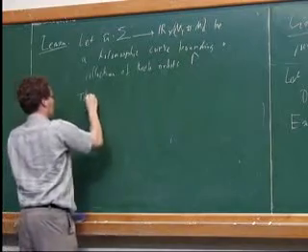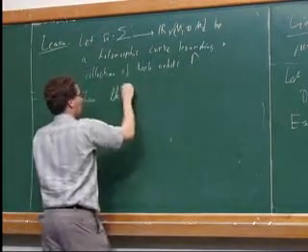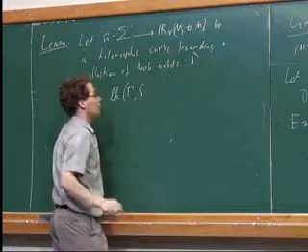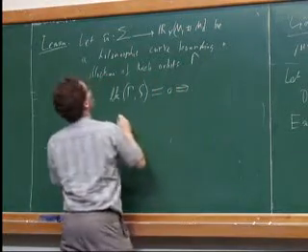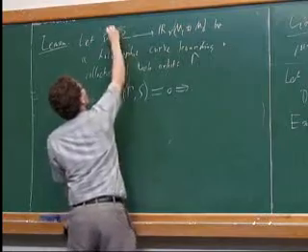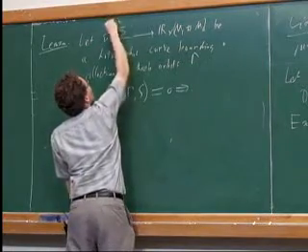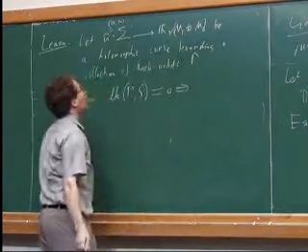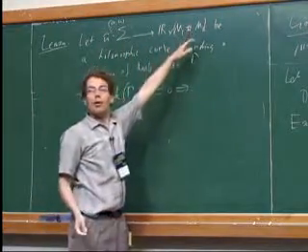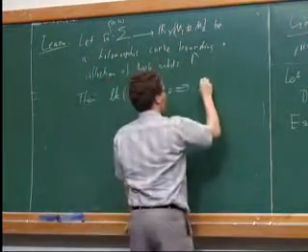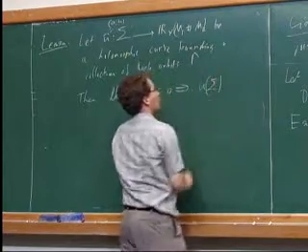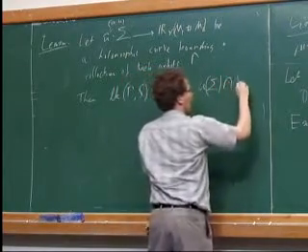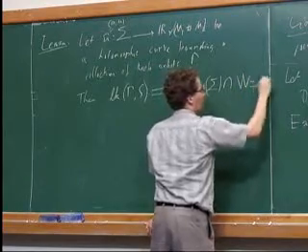Then, if the linking number of gamma with this codimension 2 sphere is 0, I should use a better notation: U tilde is (a, u), where a is the R coordinate and u is the M1 connected sum M2 coordinate. If that happens, then the image of this holomorphic curve will not intersect capital W.